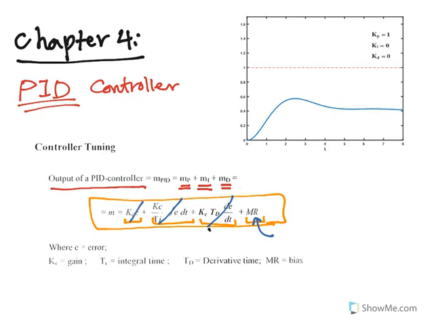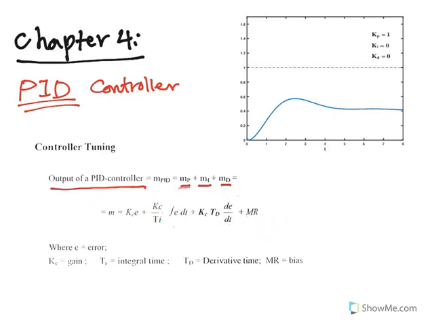Then the M_R will be equal to the M, which is the controller output. So this is just one case that we should look for. So this is very important to know.